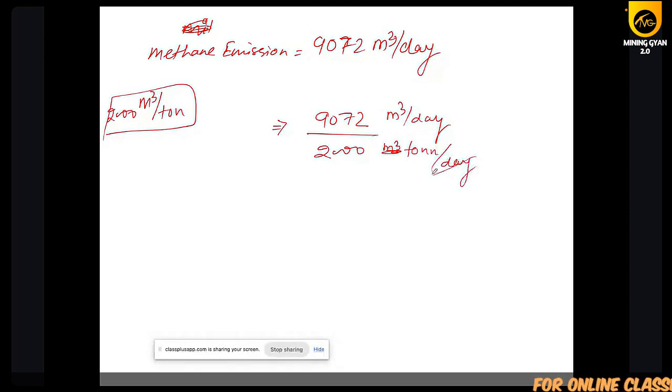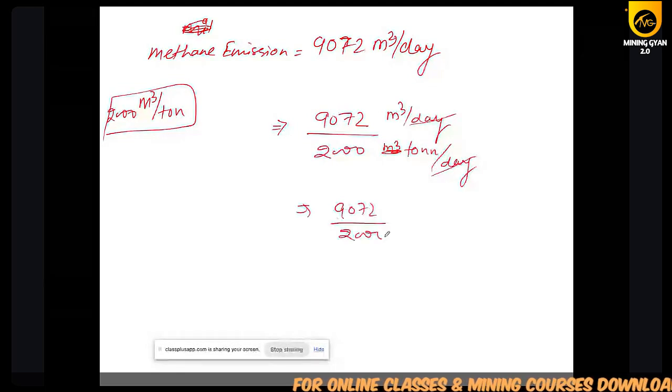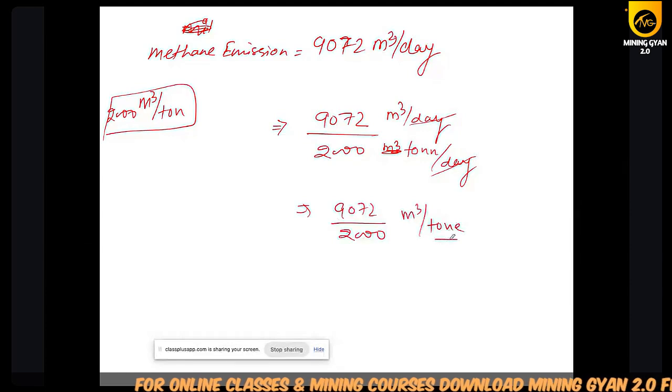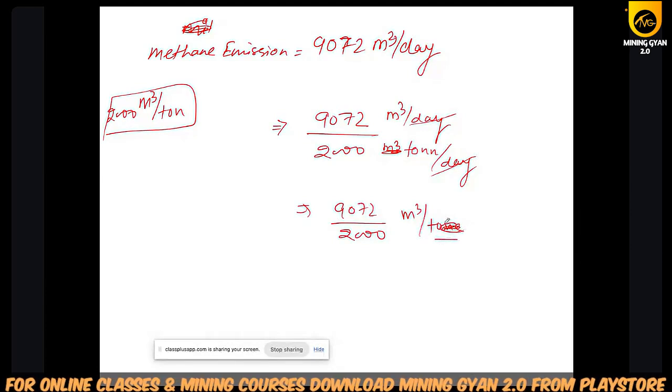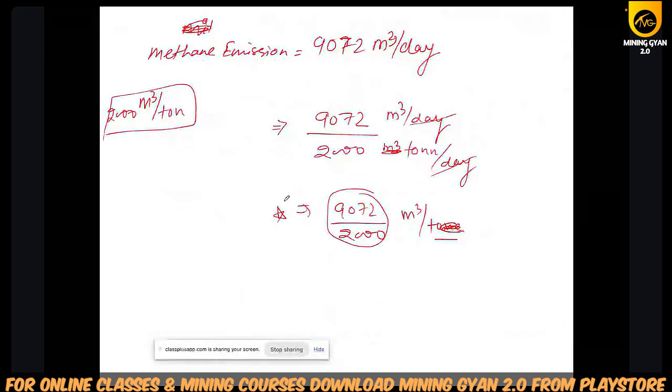So your day will be eliminated and you will get the answer as 9072 divided by 2000 in meter cube by ton, which he has asked us. I think we have discussed this type of question to convert the value. Now the question is simple, you have to find out 2 चौक 8, 2 पंजे 10, 2 तिये 6, 2 छक्की 12, so 4.5636.